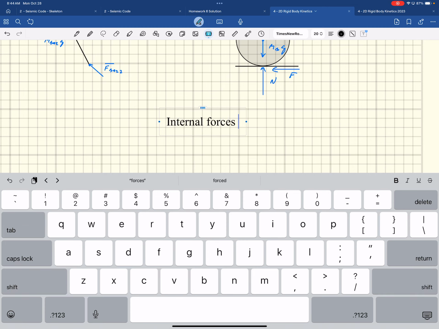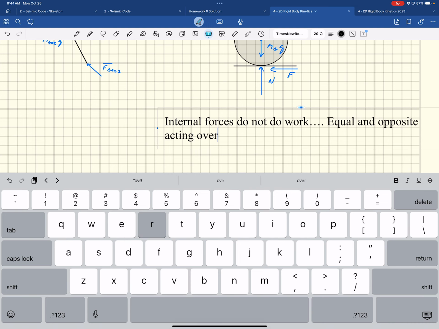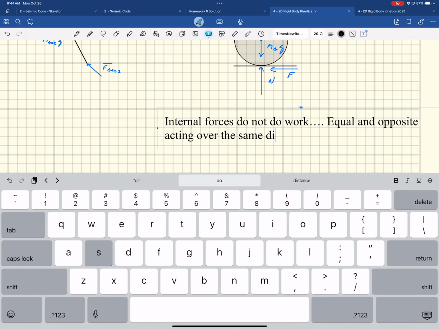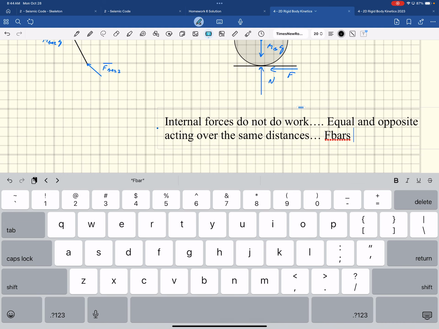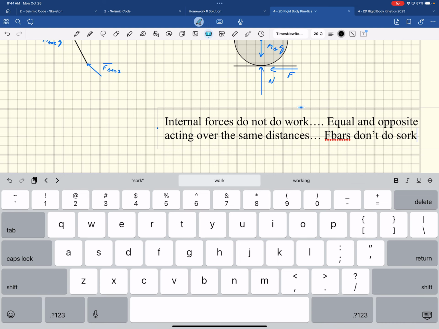Equal and opposite forces acting over the same distances: F bars don't do work.